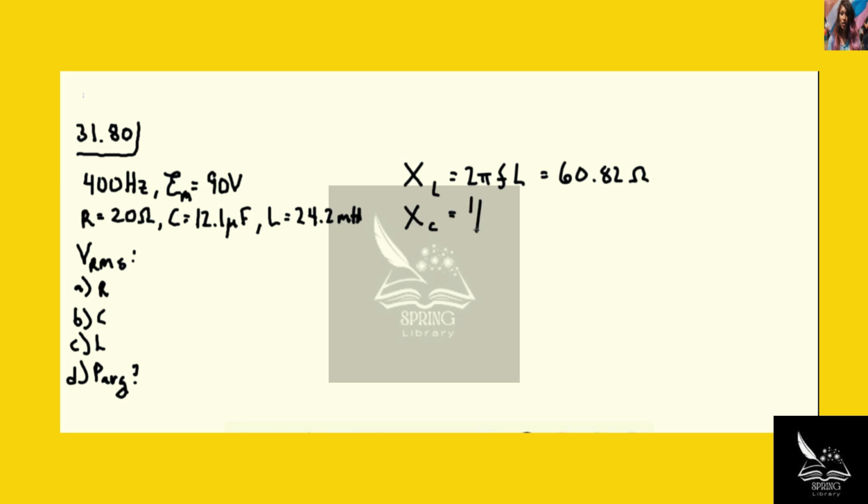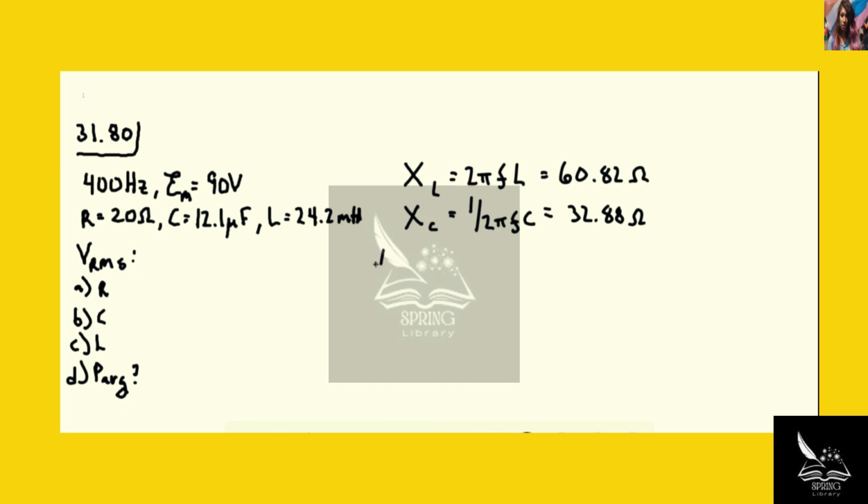The reactance of the capacitor is 1 over 2 pi f C, 32.88 ohms. And we know the resistor is 20 ohms because we're just told that.